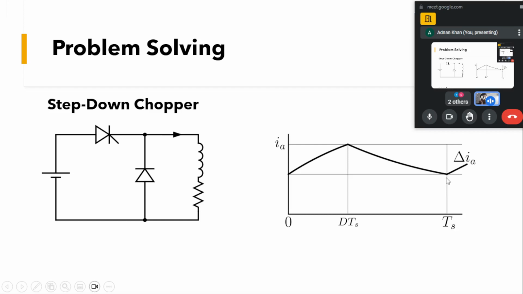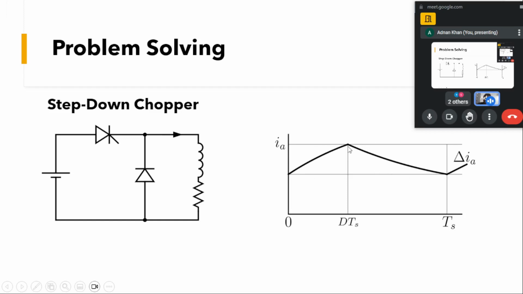At that moment we will again turn on this device, and this voltage will be impressed across this load, so the current will begin to rise. Here you can see the current fluctuates between some peak value and some minimum value.